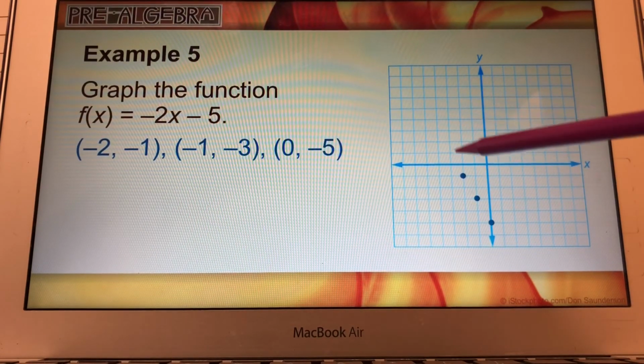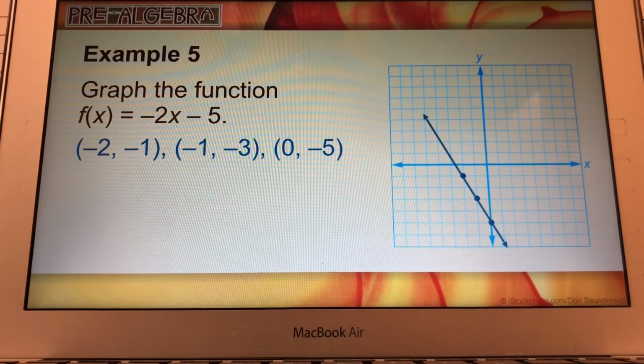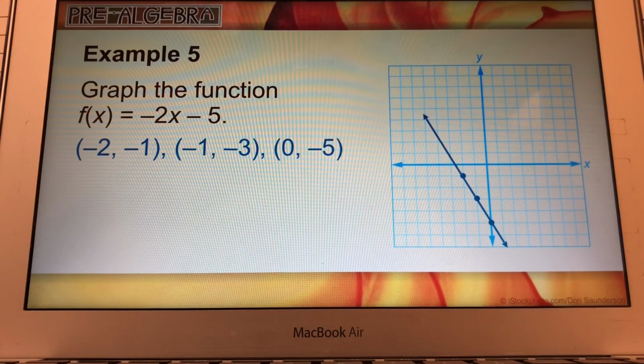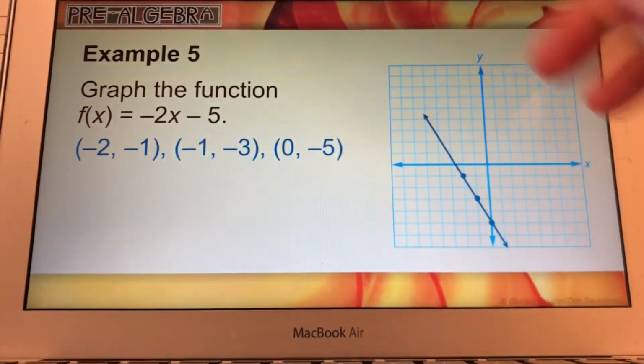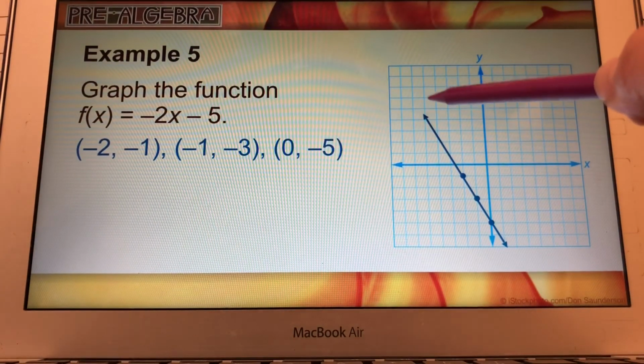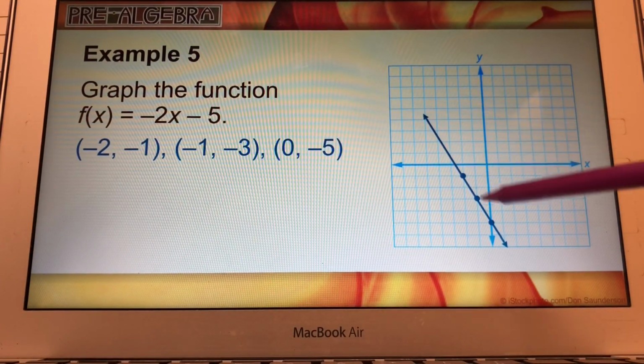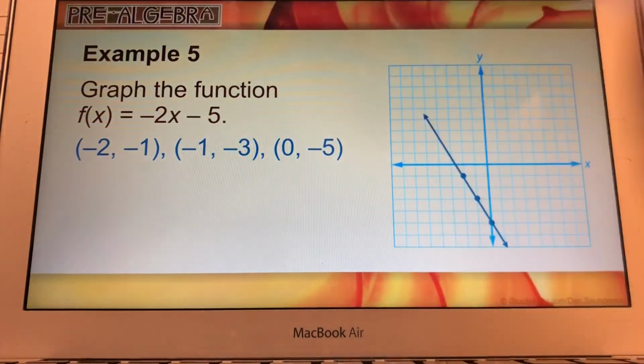And then there's my 3 dots, or 3 ordered pairs, and I can connect the dots and get my line, and there's the graph for this function, negative 2x minus 5. And I have this line for this linear equation.